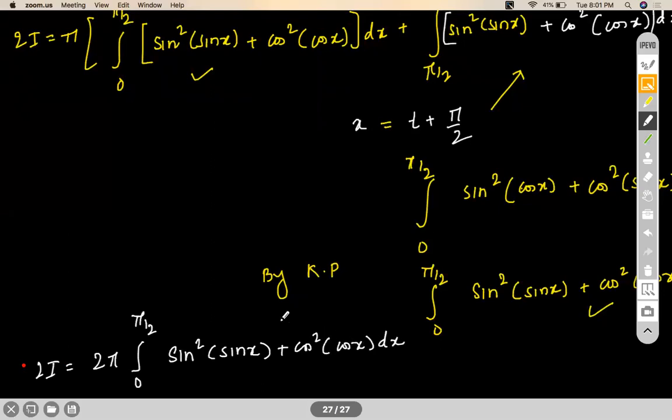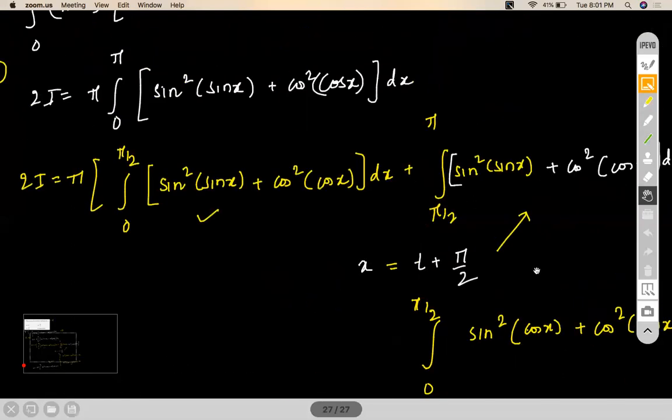Now, at this stage, what can we do? Yes, tell me. Instead of that, in the previous step, if we add the two things because they're under the same limit, then we'll get integral 2 dx because sine square and cos square will get added to 1.